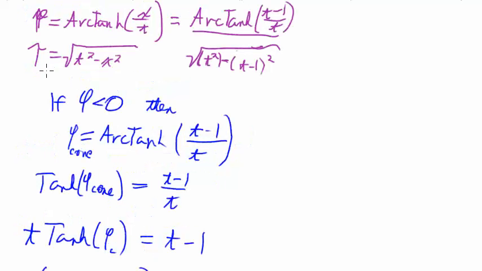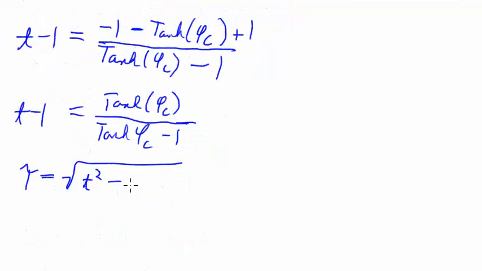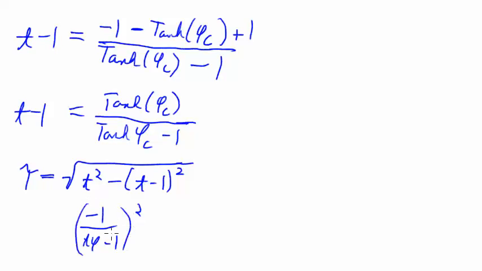So that means our tau, which was the square root of t squared minus t minus 1 squared, is going to be the square root of negative 1 over tangent phi minus 1 squared minus tangent phi over tangent phi minus 1 squared.